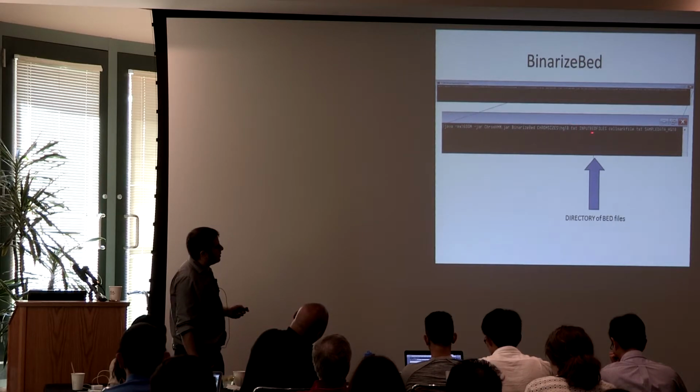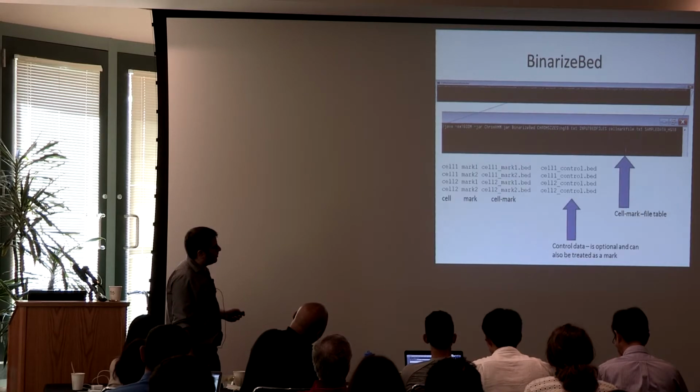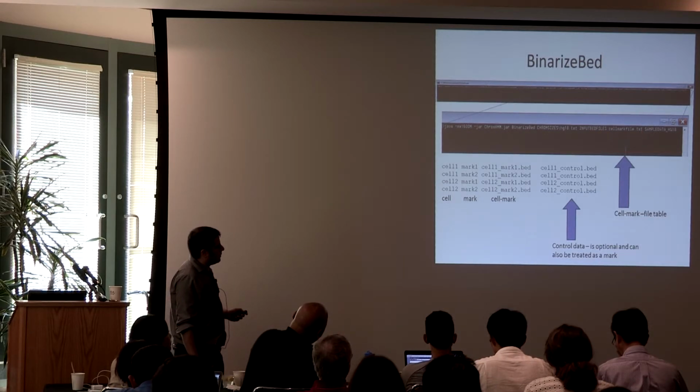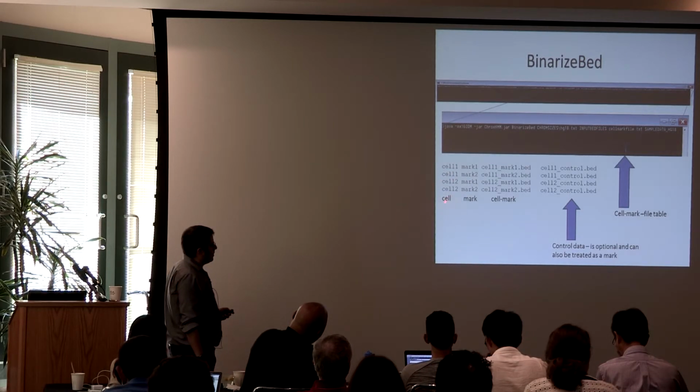Then a directory with the BED files, so these are the inputs, and then a file specifying the overall schema of your BED files in terms of what cells and marks they are. The first column is what cell type it is.